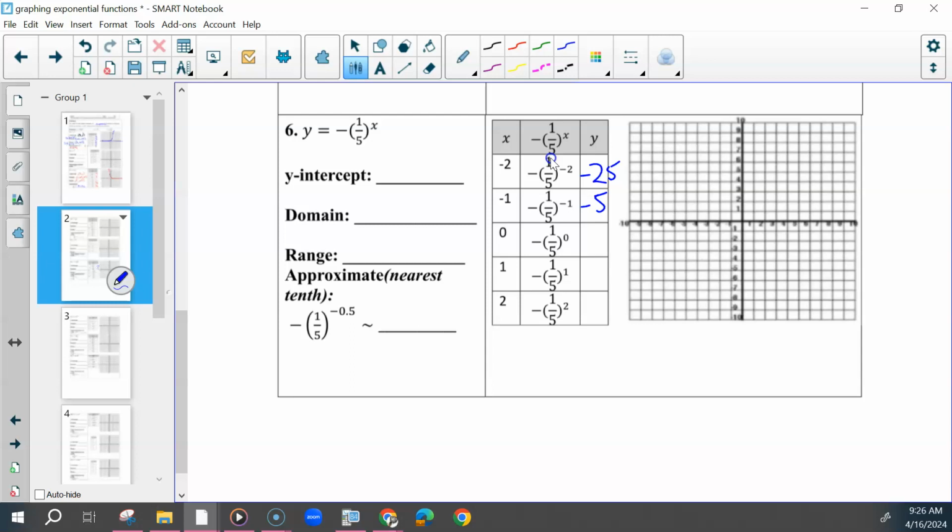It would be -1 instead of +1. -1/5 to the first power. And -1/5 to the second power. Correct. So go ahead and grab as many points as you can.